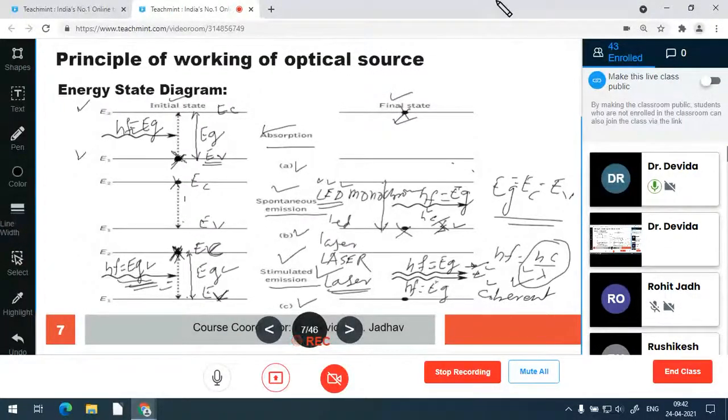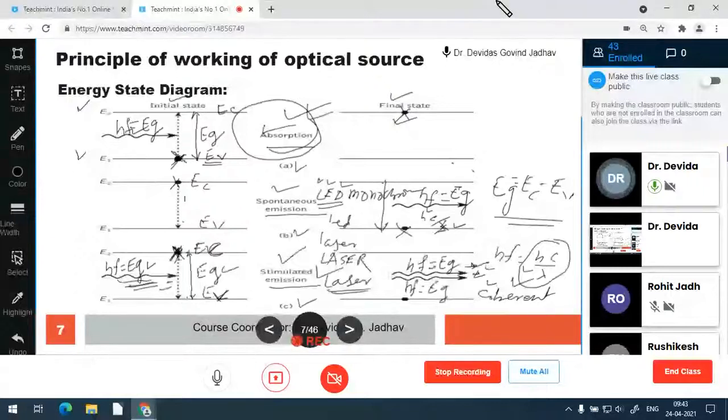And these are the three processes: absorption, spontaneous emission, and stimulated emission observed in optical devices. Out of these, absorption is majorly observed in detectors. So absorption is the principle of the detector.